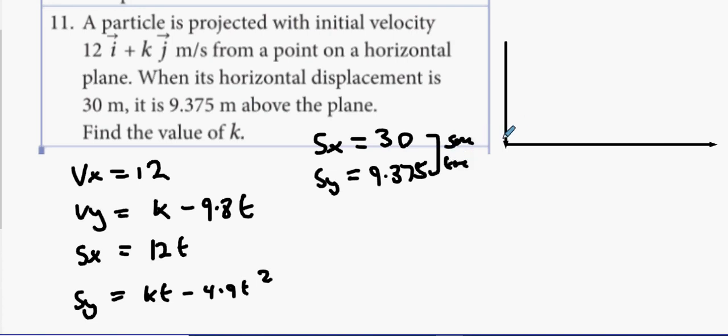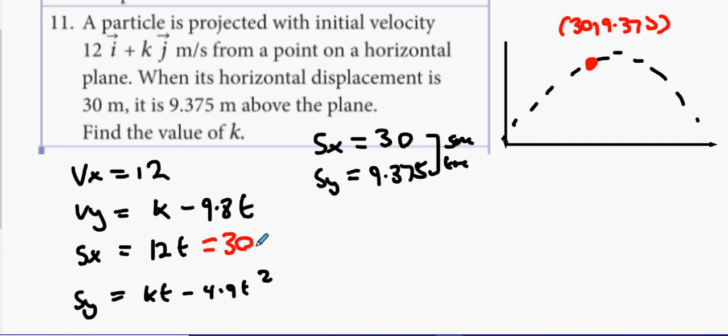So on your paths, when you're going through up and down, I don't know whether it's on the way up or the way down, that's irrelevant. But what I'm basically trying to say is that the point 39.375 is on your path, and it takes place in the same time frame. So, you can say that Sx equals 30, and this means that t will equal 30 divided by 12. 30 divided by 12 is 2.5, isn't it?